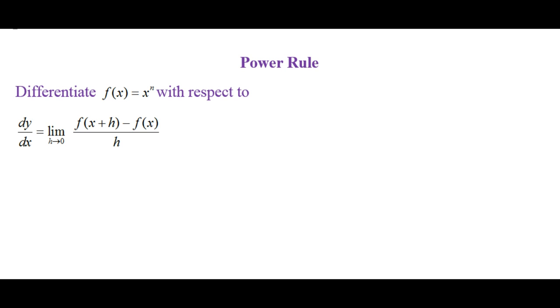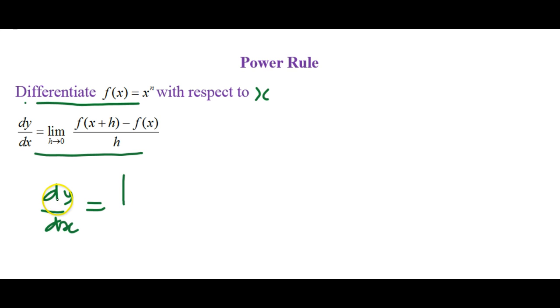Let's say we are given a question to differentiate the function x to the power n with respect to x. And we want to go by the first principle. With the first principle, we know dy/dx is equal to the limit as h approaches 0.